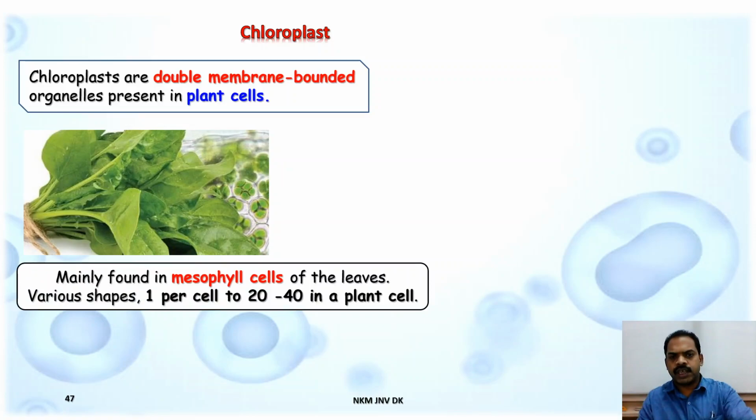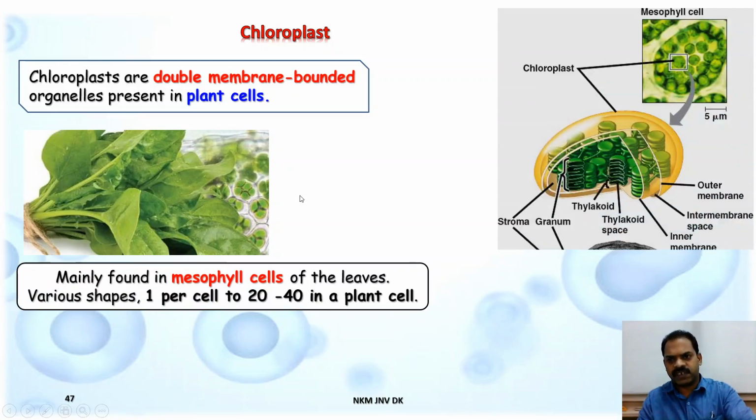You can see that it is present more in the leaves. In the leaves also, the mesophyll cells have a larger number of chloroplasts. It varies from 1 to 20 to 40. Suppose we talk about Chlamydomonas. Chlamydomonas is an alga which has a disc shaped chloroplast.